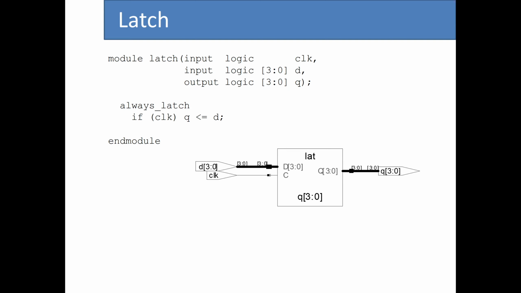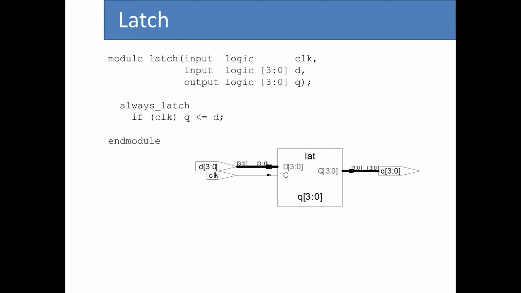What about latches, right? Because latches may be useful in some designs as well. So there is a specific keyword for designing latches in SystemVerilog as well. So here I want to create a D latch. If you remember, latches and flip-flops were different in the way that they interacted with the clock signal.